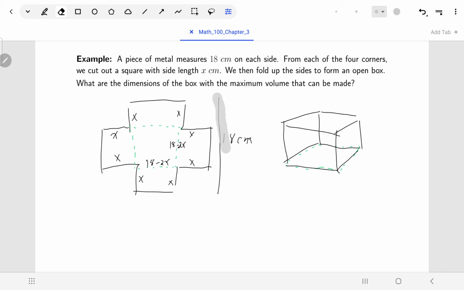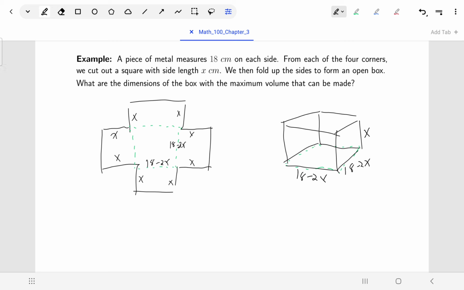So that means that if we're thinking about what we get when we fold up our four flaps, we get an open box where you have 18 minus 2x for the length and the width of the base. And each of these flaps, that's the height of the box. So what we've really got for this box is something with a square base with a height of x.